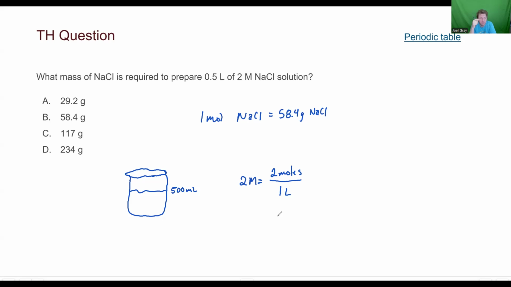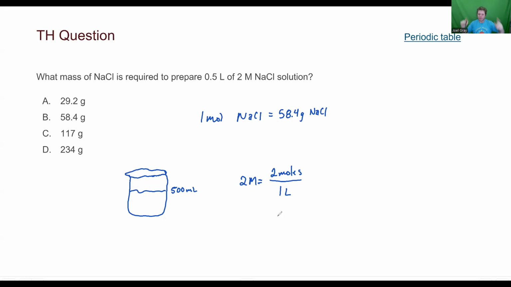If we have a solution that is 2 moles per 1 liter, how many moles are in half a liter? Answer that in the chat. If it's 2 moles in 1 liter, how many moles are in half a liter? Perfect, Joey.